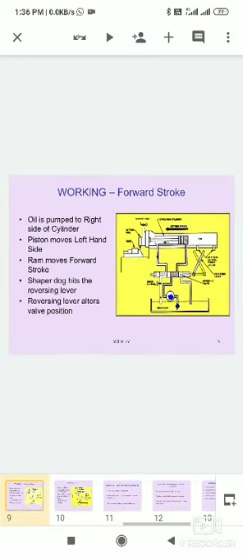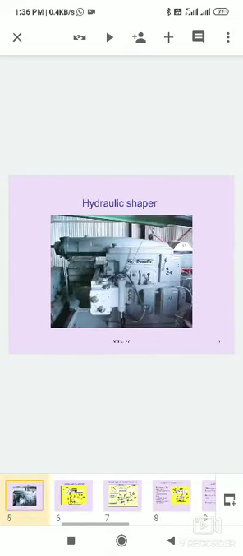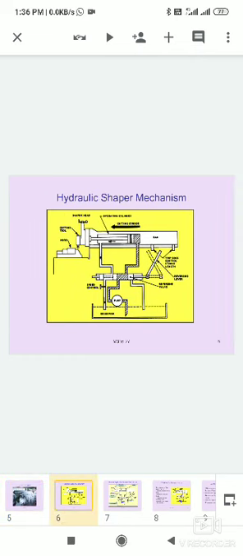Mainly, in the hydraulic shaper machine, these parts: the oil tank is necessary for storing the oil, and the oil is supplied through pipes.